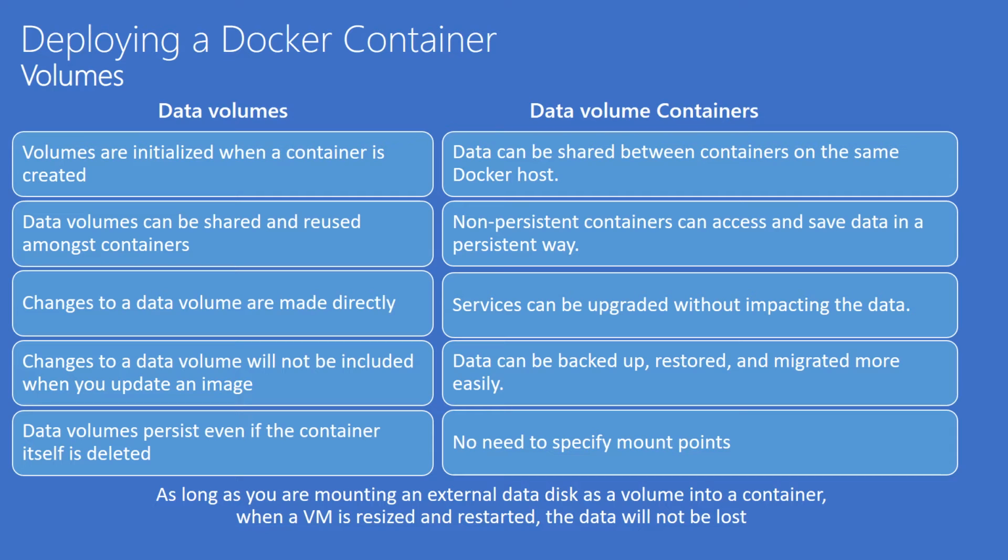In this section, we're going to look at two primary ways that you can manage data in Docker. We have data volumes and data volume containers. They are slightly different in that a data volume is a directory and a data volume container is a container, similar to network storage. With a data volume, it's a directory within a container. This is initialized when your container is started up.